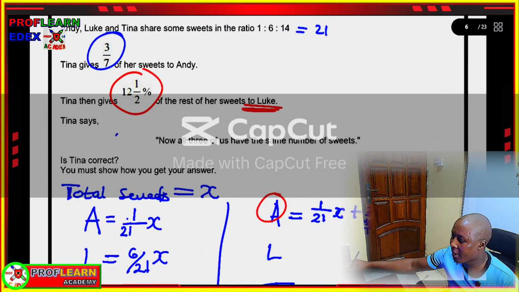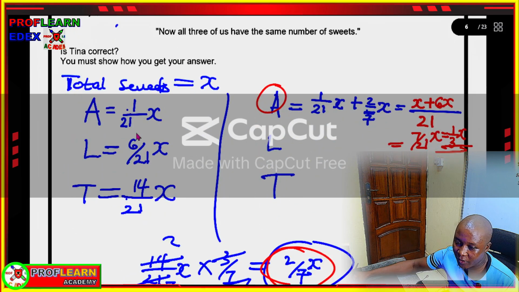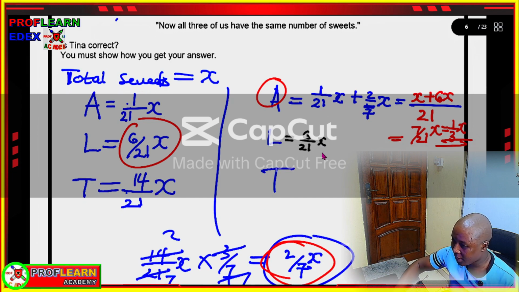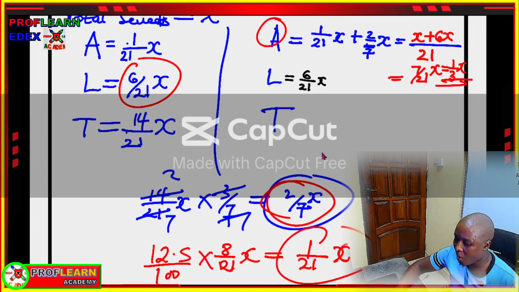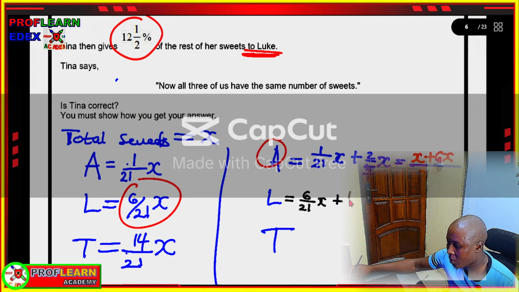So this is what is given to Luke. And remember, initially Luke was having 6 over 21 of x. So the new number of sweets Luke is going to have will be equal to 6 over 21 of x, plus 1 over 21 x from Tina. The LCM here is going to be 21.